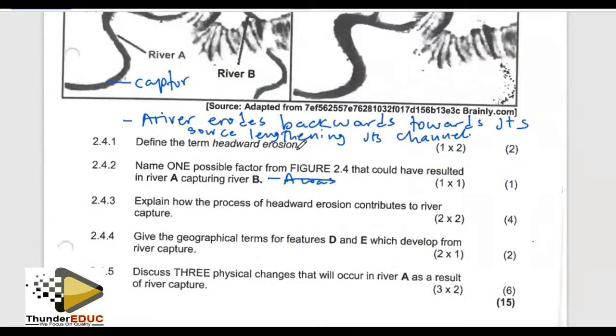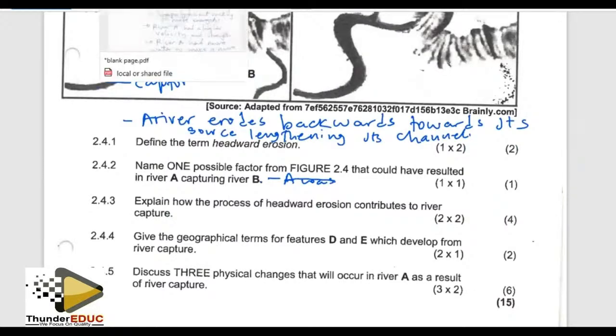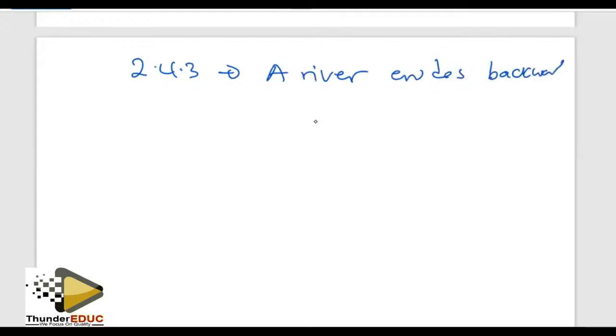Question 2.4.3: explain how the process of headward erosion contributes to river capture. You could say a river erodes backwards towards its source.